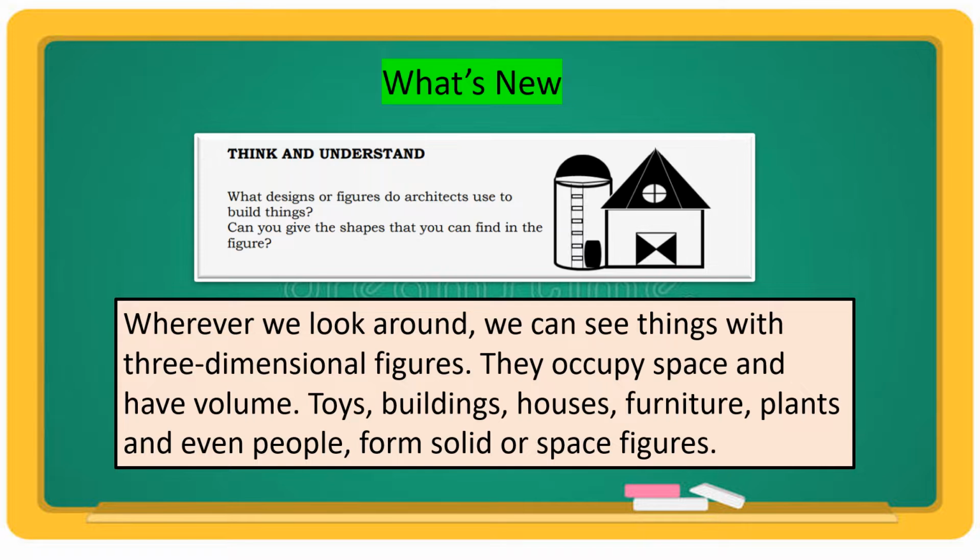Wherever we look around, we can see things with three-dimensional figures. They occupy space and have volume. Toys, buildings, houses, furniture, plants, and even people form solid or space figures.